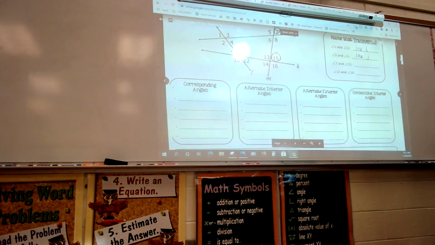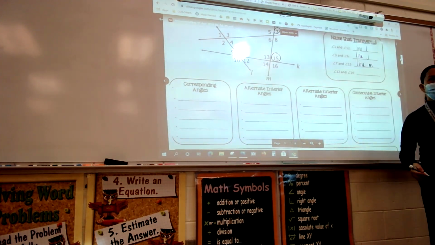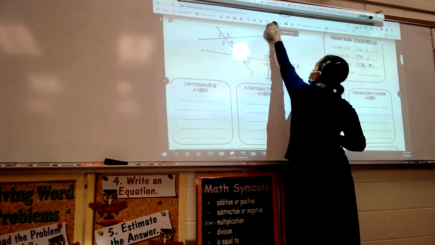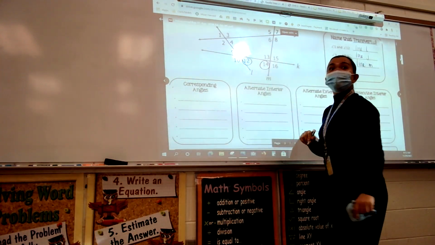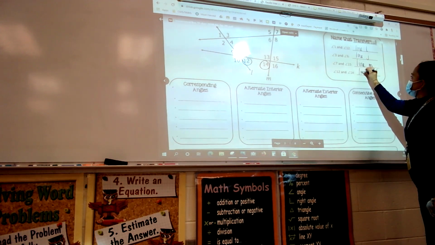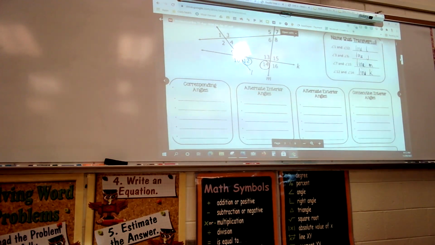Look at that. What is the transversal that connects them? Okay, line M. Very good. Next, 12. Line K. Very good. Nice. I like it.